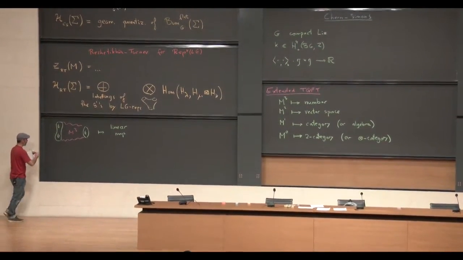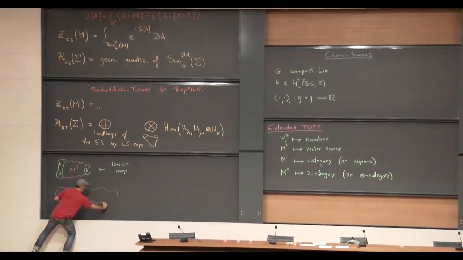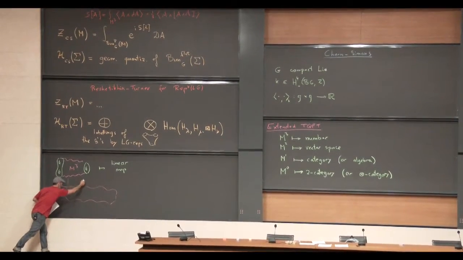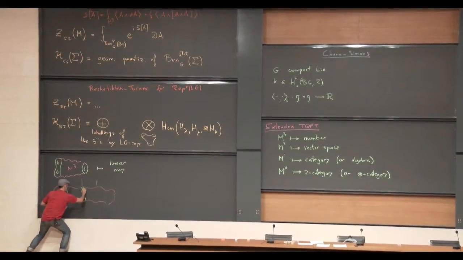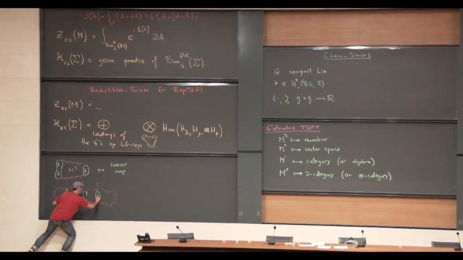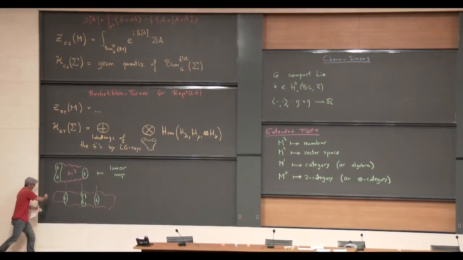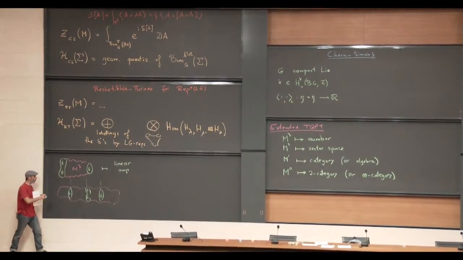And if you have a big 3-manifold, which is given to you, and you cut it into pieces, each piece is going to cut it, and you're going to see a Riemann surface here and here and here. What you end up seeing is a sequence of linear maps that you can go ahead and compose.